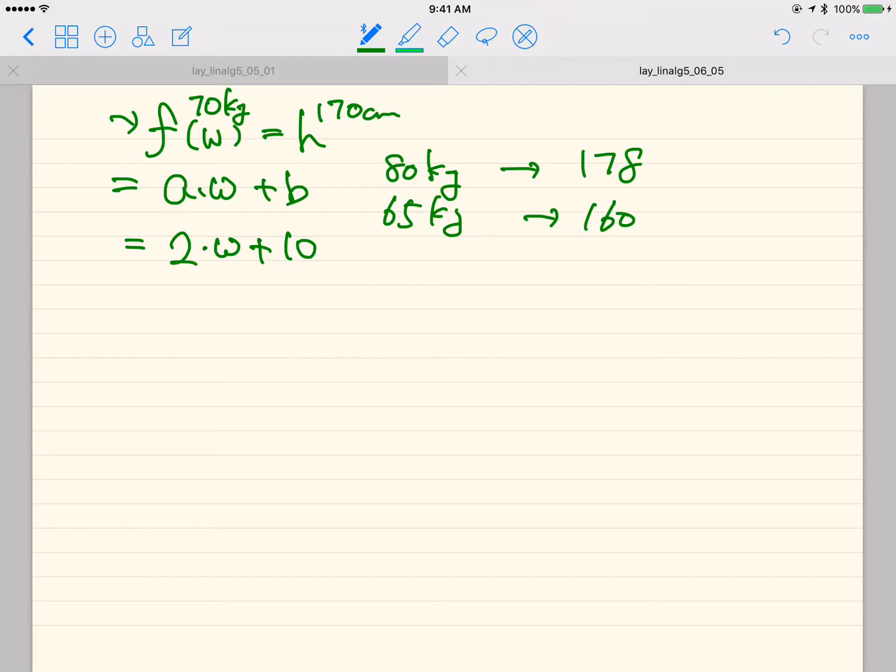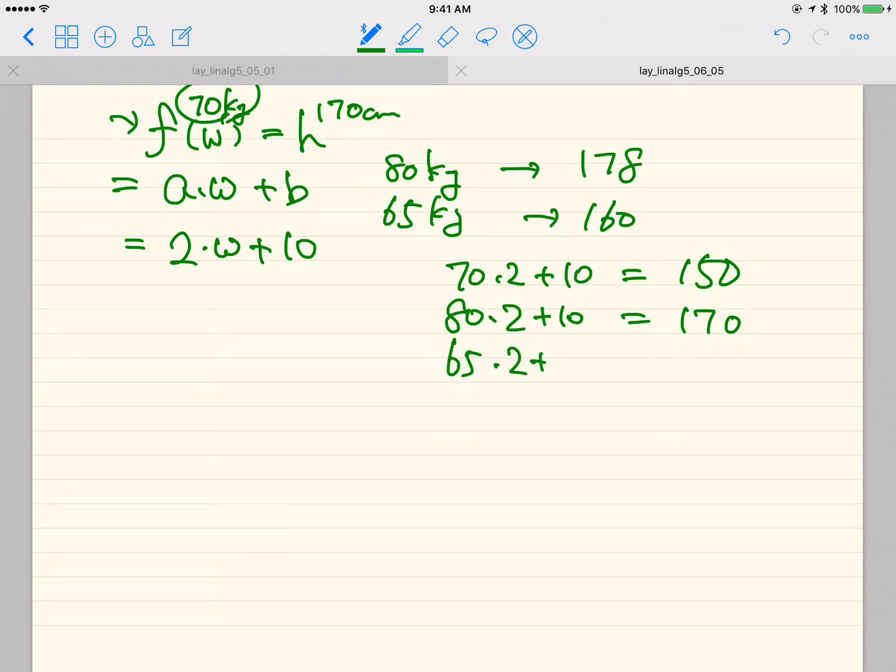Suppose this is your prediction model after observing all these example pairs of weight and height. In the case of 70 times 2 plus 10, that will be 150. 80 times 2 plus 10 will be 170, and 65 times 2 plus 10 is 140.